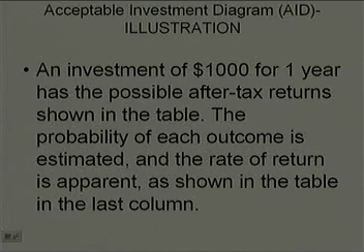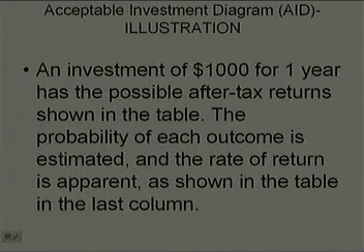If you look at this particular slide, it says that there is an investment of $1,000 for 1 year, and the possible after tax returns are given in the table. So, the investment amount is $1,000 and the return, which is post tax, is given in the table.